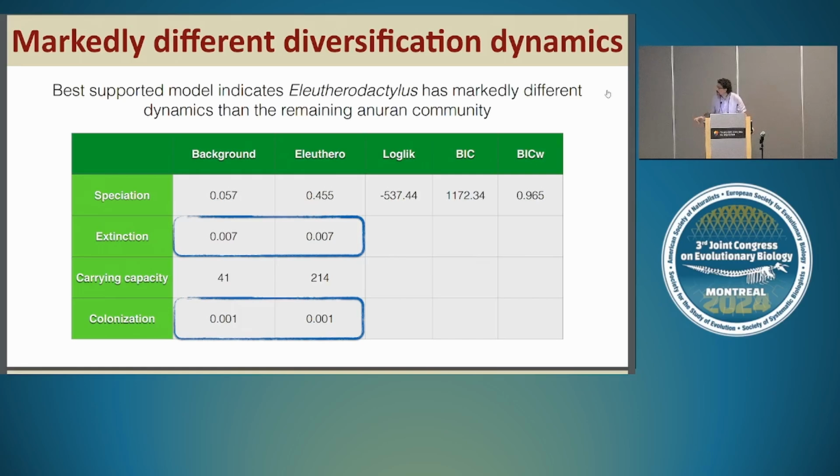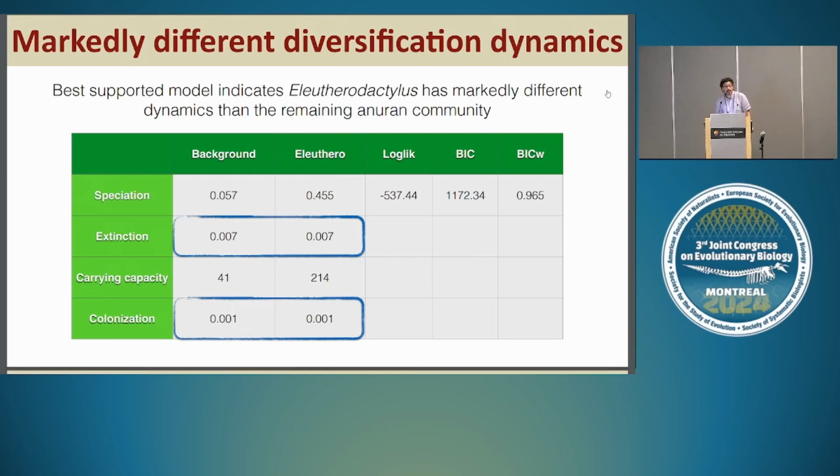What we found first, like I said, we're estimating speciation, extinction, colonization events, and whether there's carrying capacity. Not surprisingly, the colonization rates are really low, and they're not different for other Anurans and Eleutherodactylus. So the islands are hard to colonize, which is not surprising for something that has low vagility, right?